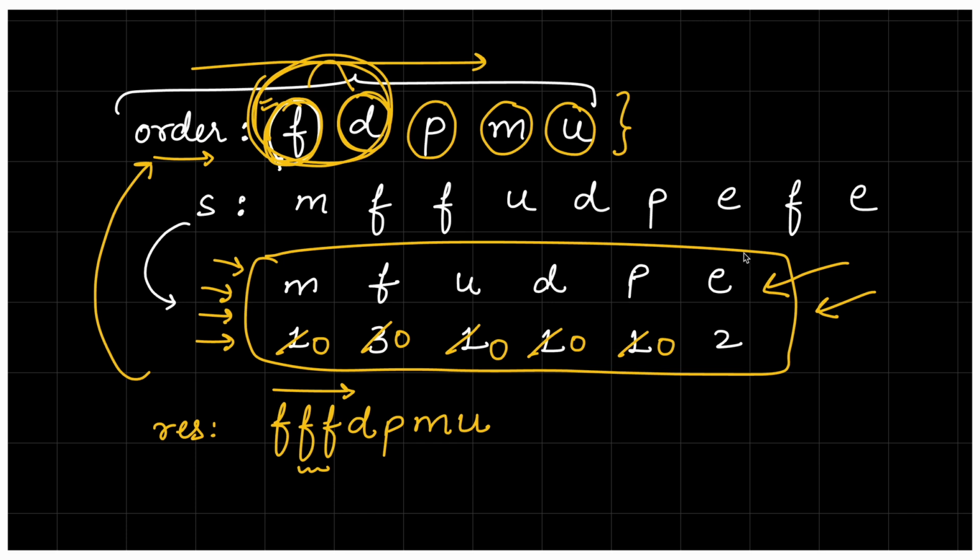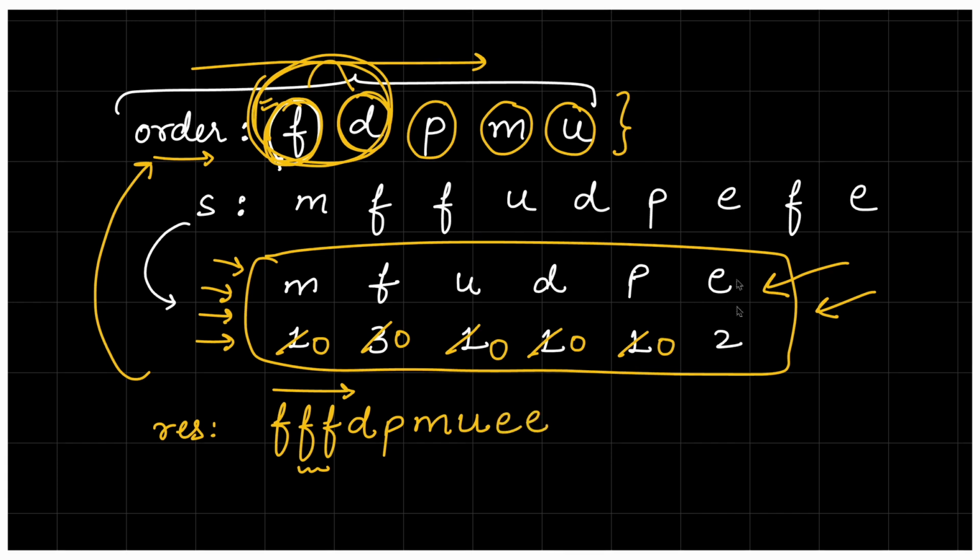Anyway, you can append them anywhere, right? You can append them in the front, at the last, or somewhere in between. But to keep it easy, I will iterate once again on this frequency map on all the keys, and whichever key has frequency greater than 0, I will append them as it is.